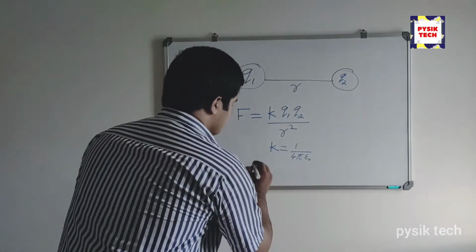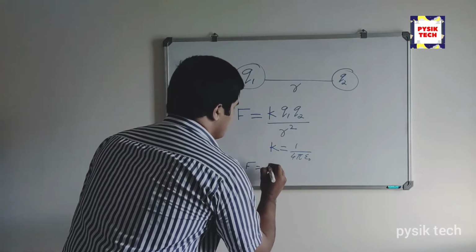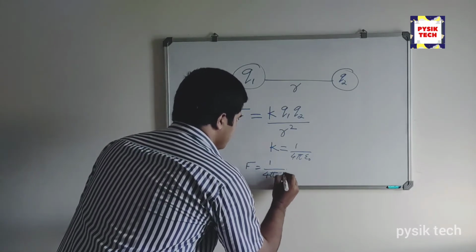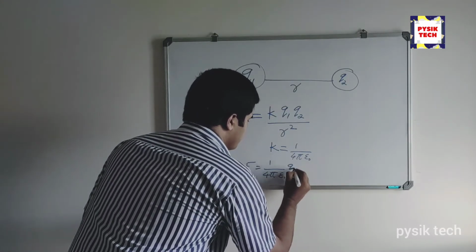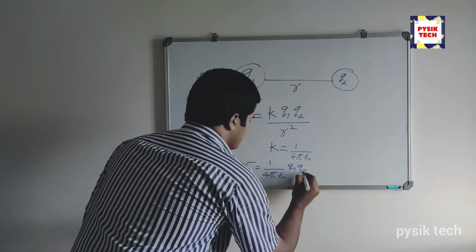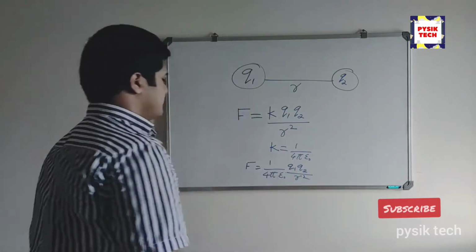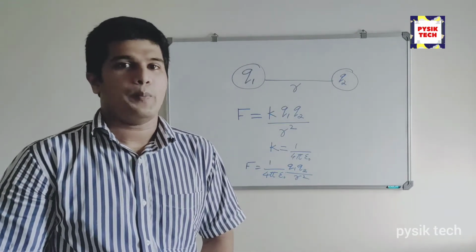Then our equation will be F is equal to 1 by 4 pi epsilon 0 Q1 Q2 by r square. This equation is known as Coulomb's law.